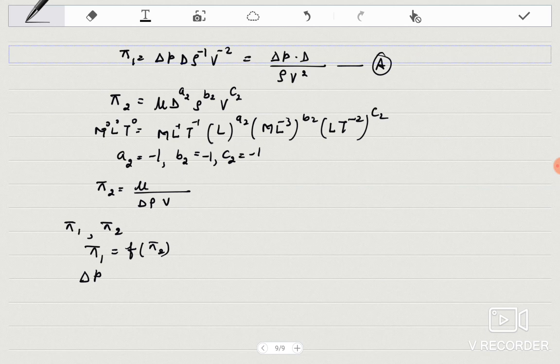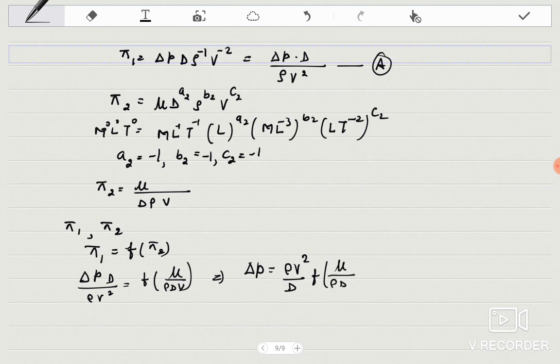This is delta P D upon rho V square, the value of pi 1, and it is a function of mu upon rho D V. So finally your delta P is equal to rho V square upon D times a function of mu upon rho V D. So you get your pressure drop in terms of non-dimensional parameters. So this is all about Buckingham's pi theorem, and this is all about your dimensional analysis. Thank you so much.